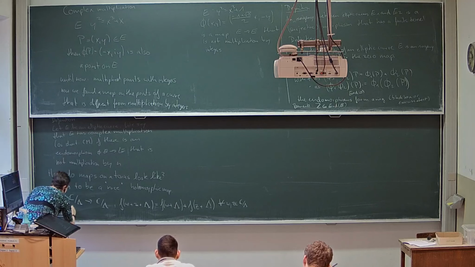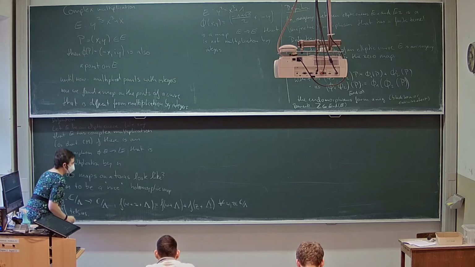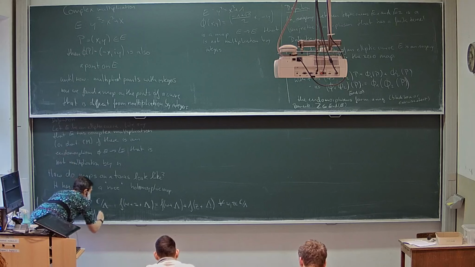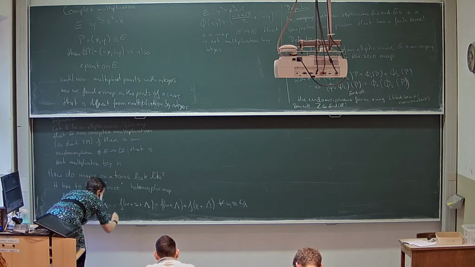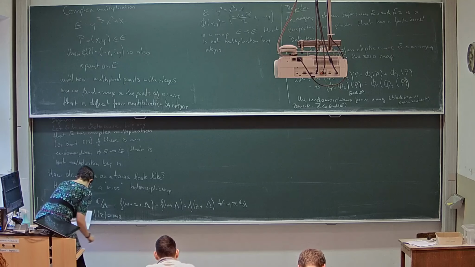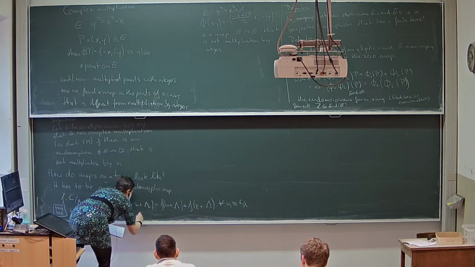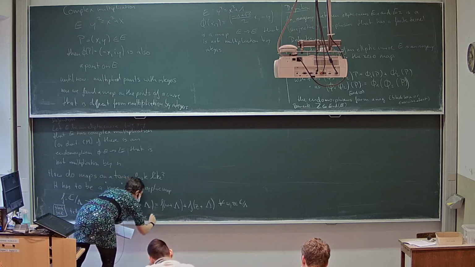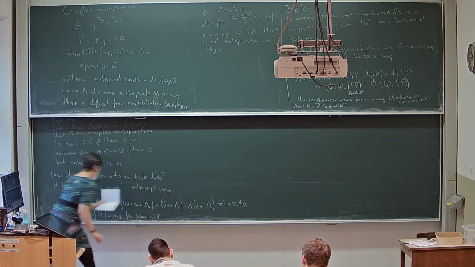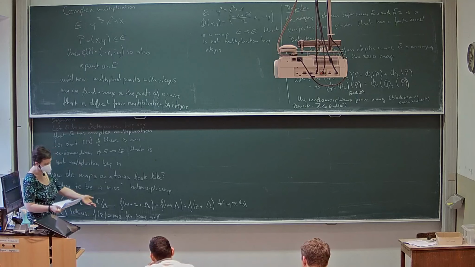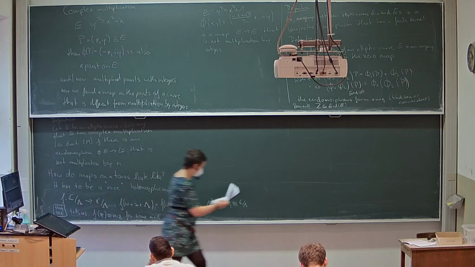Analytic number theory tells us that maps on the torus like that have to look like this. Okay, so it's multiplication by something, and something is a complex number.